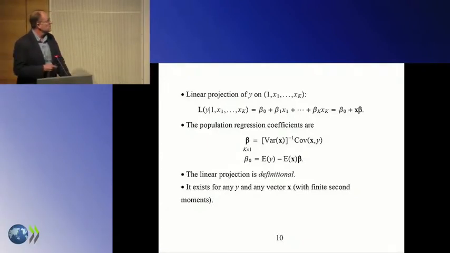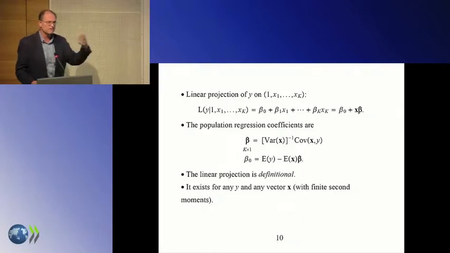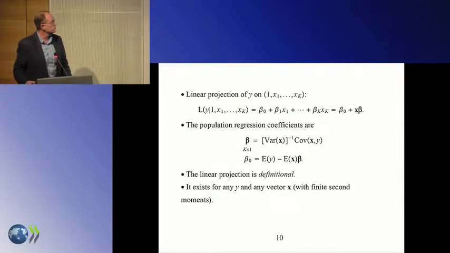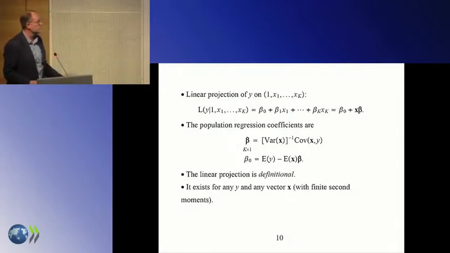Okay, so the thing about this linear projection in the population is that it's definitional. Unlike writing down a model for the conditional mean, where you have always imposed some assumptions, this is a definition, okay? And we know what the formulas are for both the slope coefficients and the intercept. These, of course, are the population formulas of the least squares estimator that you get in a sample, okay? So there's, of course, a direct connection between the linear projection in the population and how we estimate those parameters.